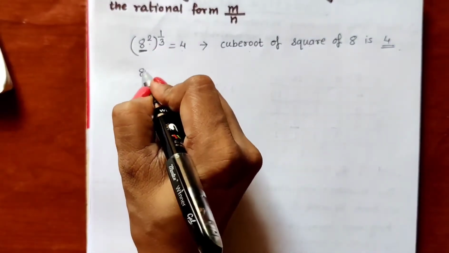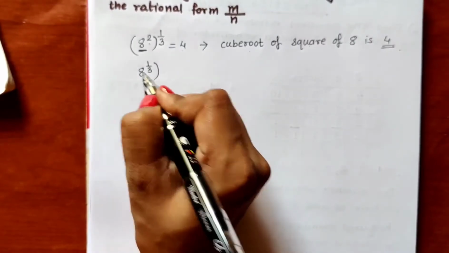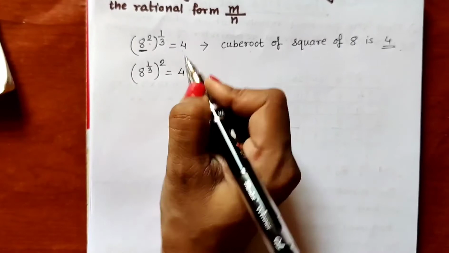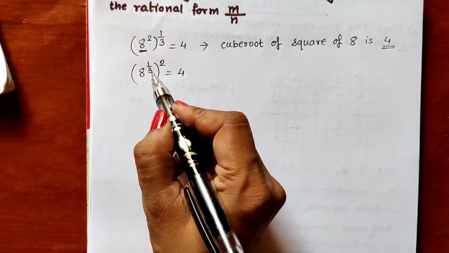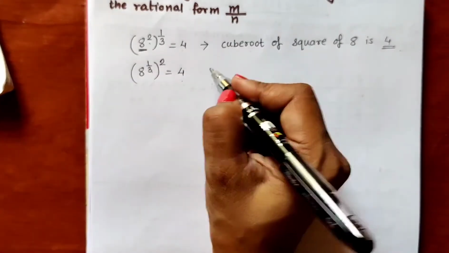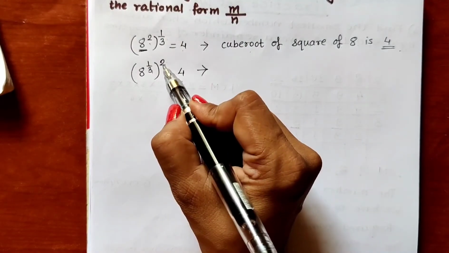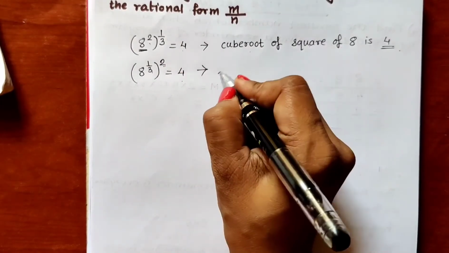So see how it is written. This cube root is written inside and square is written outside. Again answer will be same because cube root of 8 is 2 and 2 square is 4. But how to write it? Because square is outside, so we write square first.